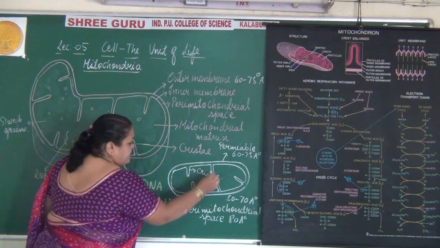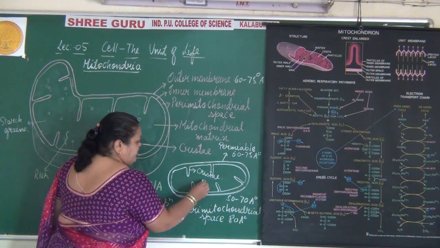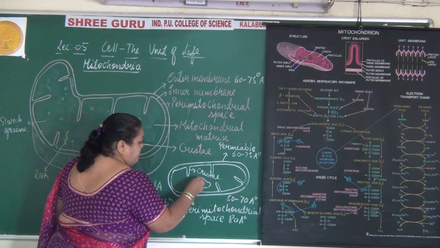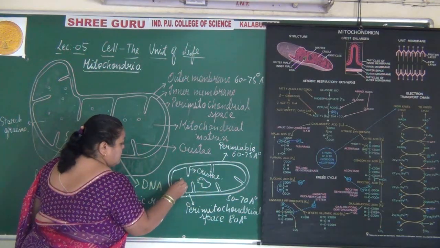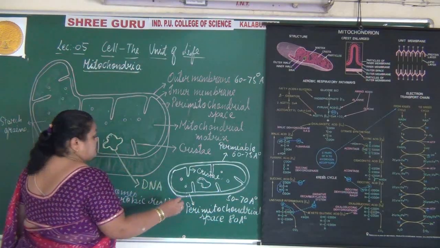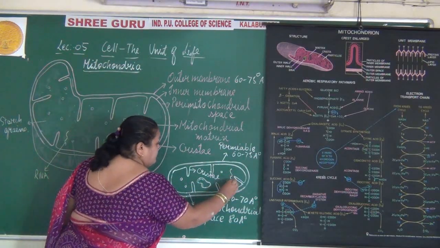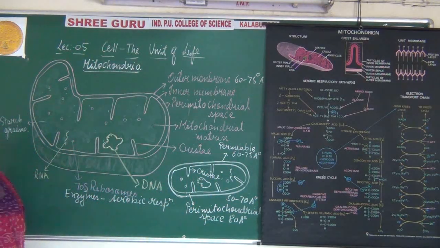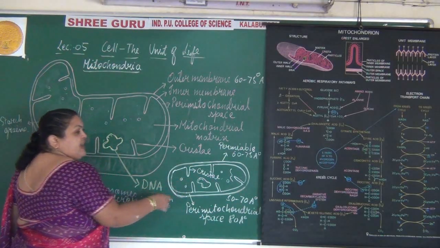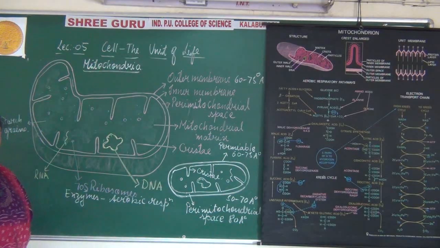So in this matrix you will find a circular DNA, 70S ribosomes, RNA and all the required enzymes to carry out respiration. It is a respiratory unit.